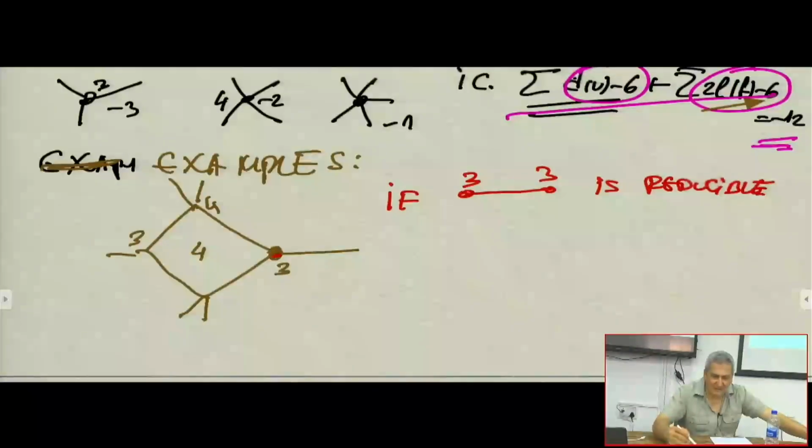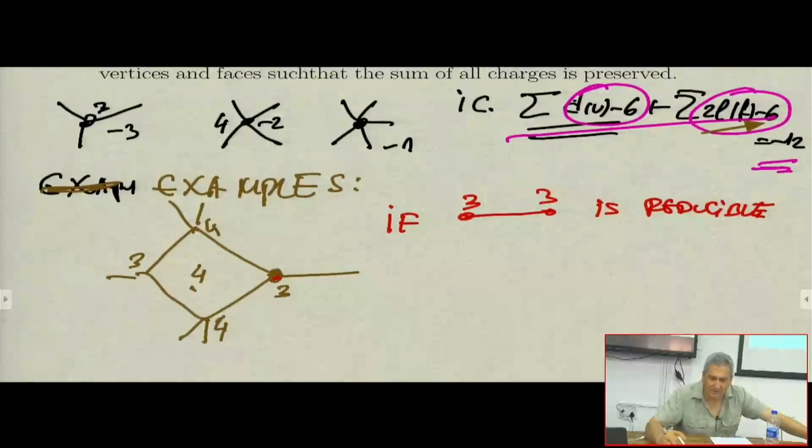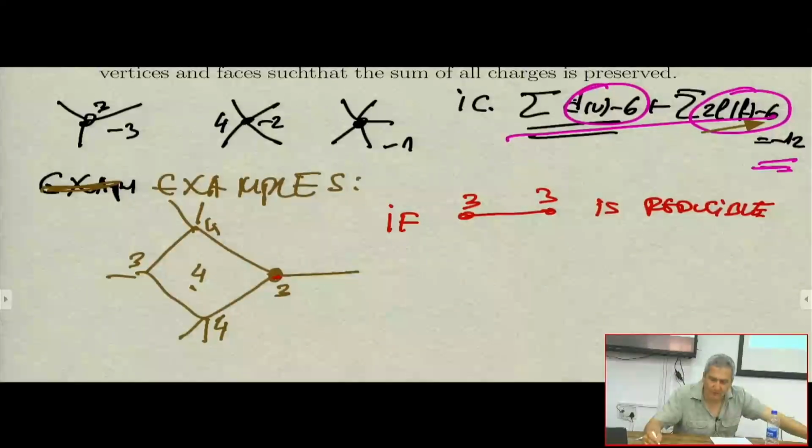So if we have a situation like this, this face has initial charge 2 times 4 minus 6, which is 2. This has charge 2. Let's simplify it.